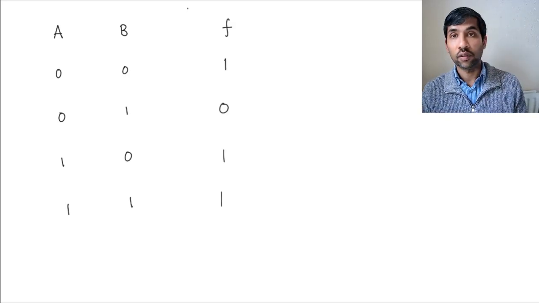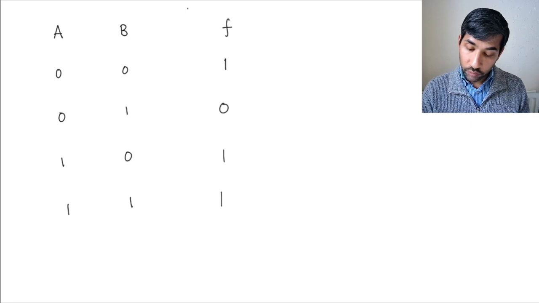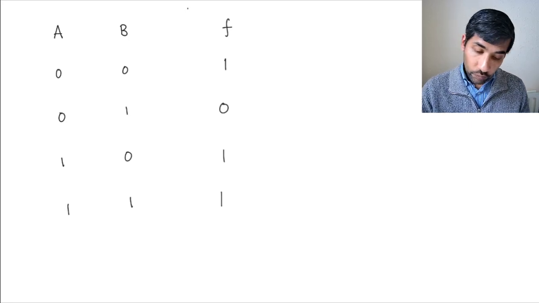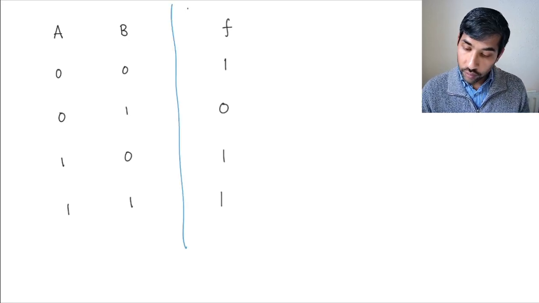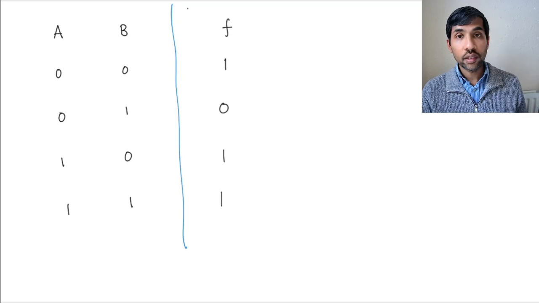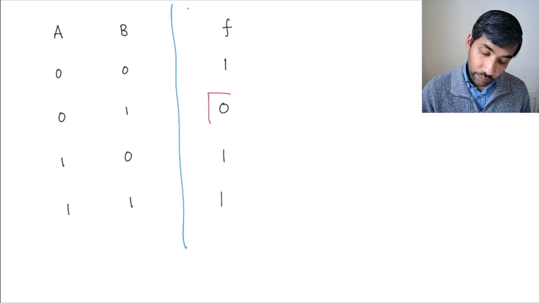That's what we wrote last time. And what we want to do is represent the equation using max terms, and you want the max terms only for the outputs which are 0.